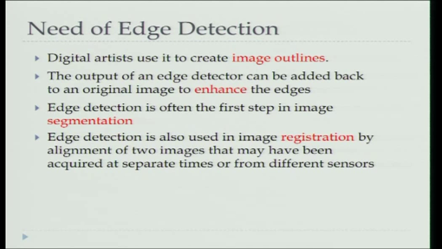You can do all sorts of things. Then you can enhance the image. How? I will put the boundary lines in a very dark color and then superimpose them on my original image, then the boundary will be more sharpened, more highlighted, right.